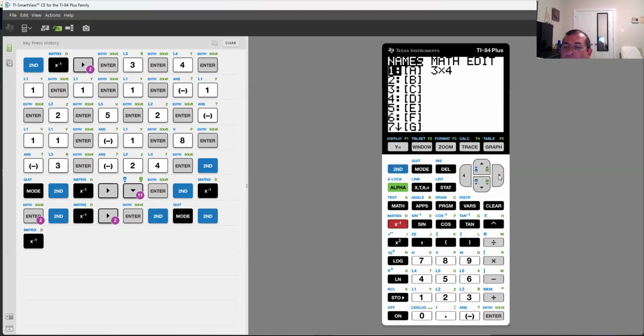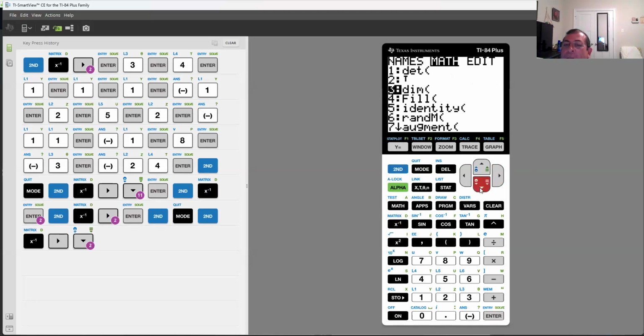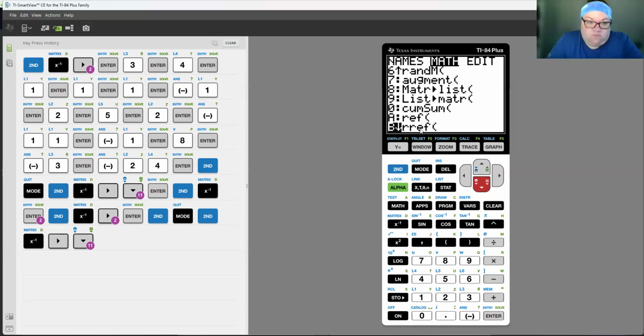You're highlighting math. And you're going down until, so mine, notice I'm going through the list. I got a REF, but I'm going to hit it one more and get my RREF. So arrow down until you get to B on yours. See there? Yep. Hit enter.